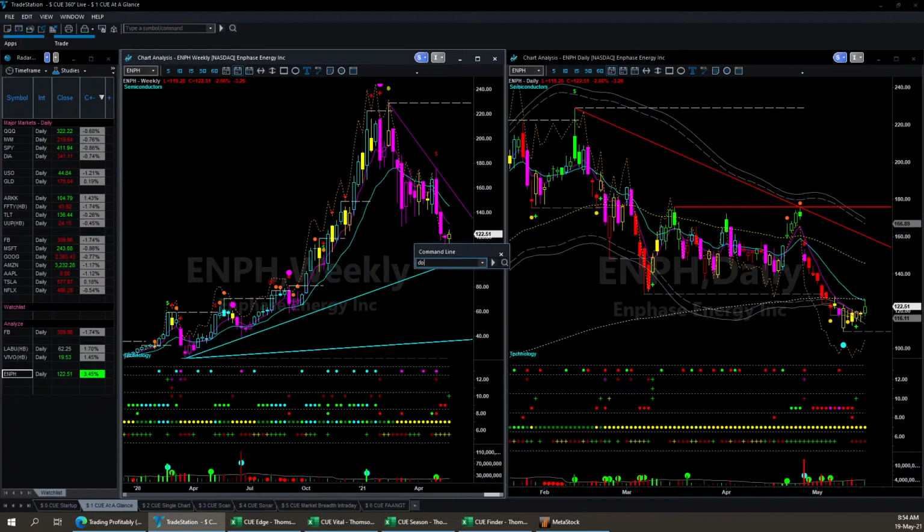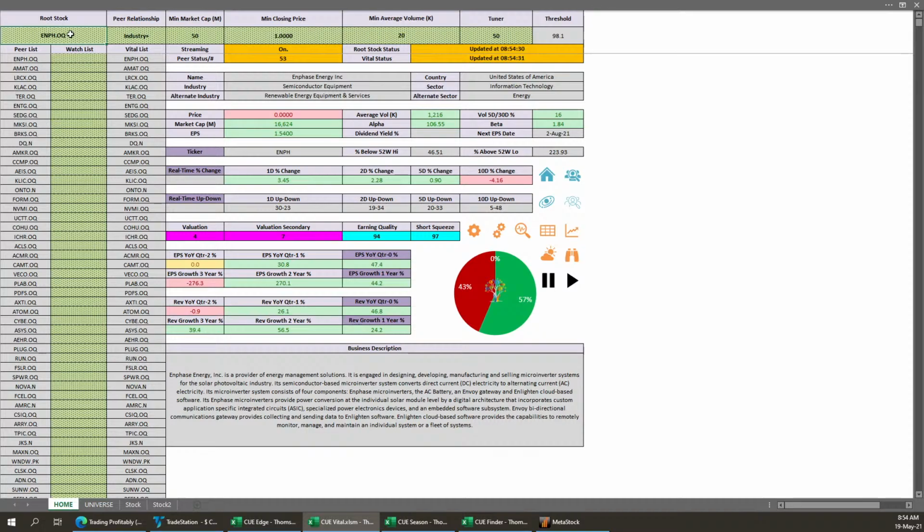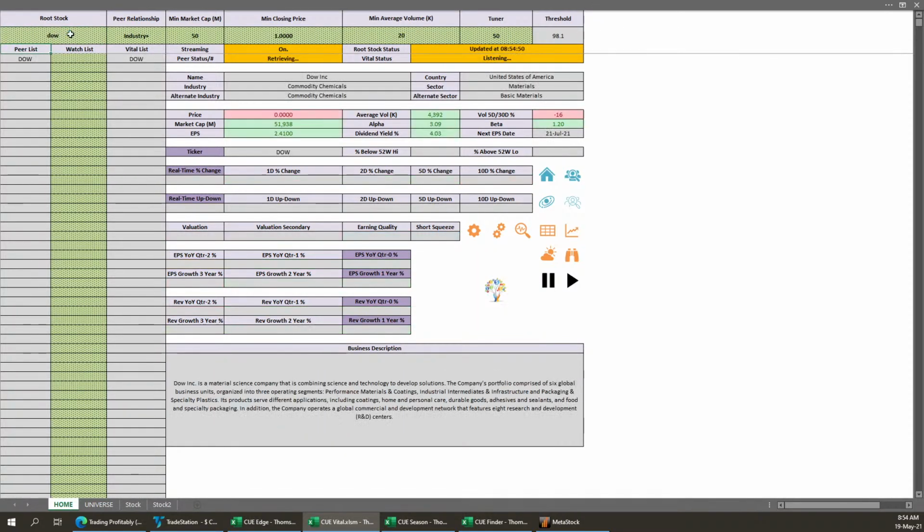It's a great fundamental stock. Let's check that out again using Q Vital. And once again, you will see how I used the bullish headwind at the very bottom, I think for Enphase, and I used the bearish headwind at the very top for Dow.